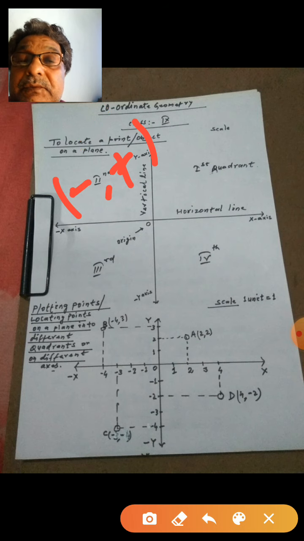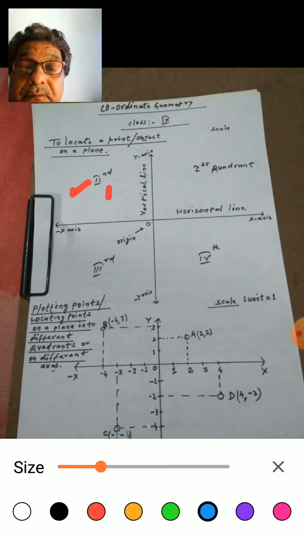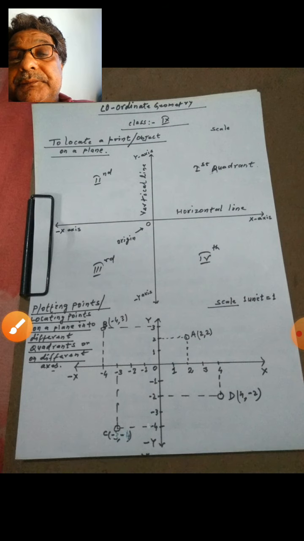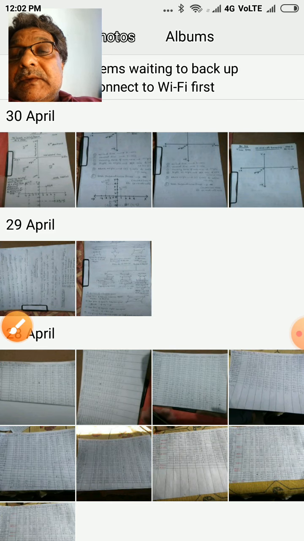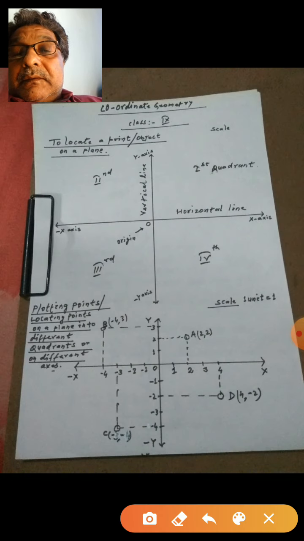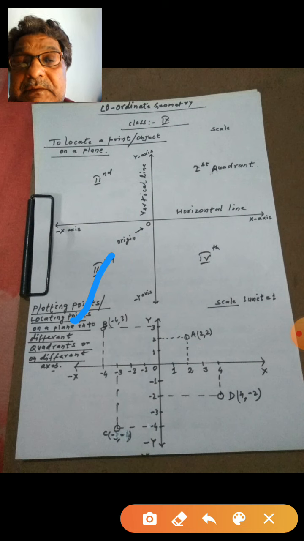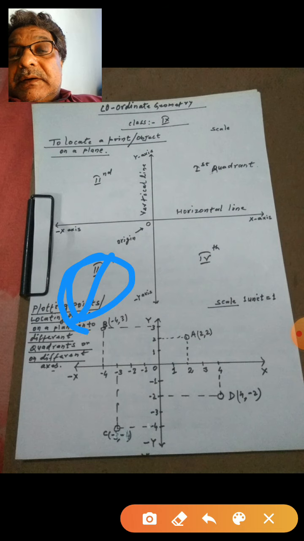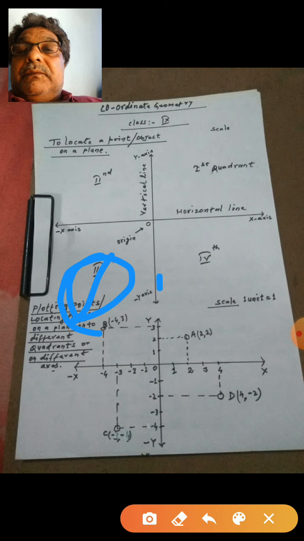Now come to the third quadrant. The third quadrant is made by the negative part of x and the negative part of y.